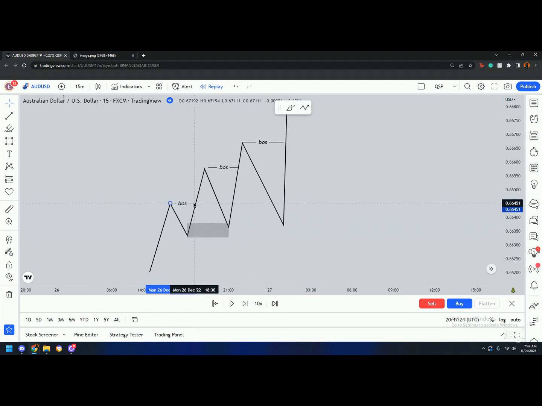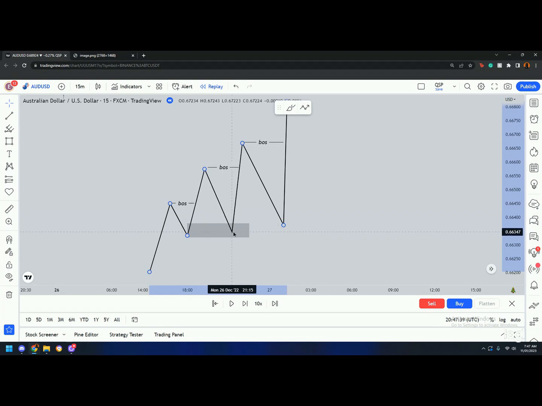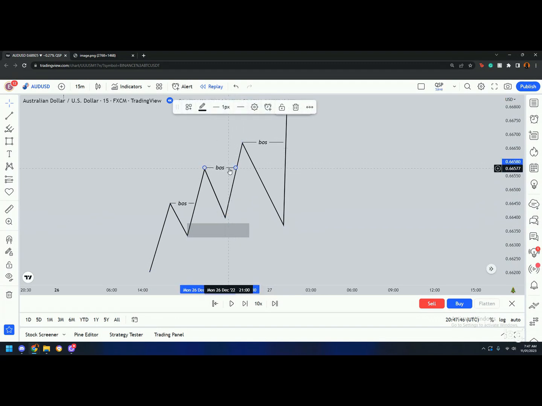In order for a break structure to be valid, it needs to mitigate the demand zone. Mitigation means price touches in, taps in. But if price does this and doesn't tap into this demand zone, it just misses it, and then it breaks structure again, creating another break structure.